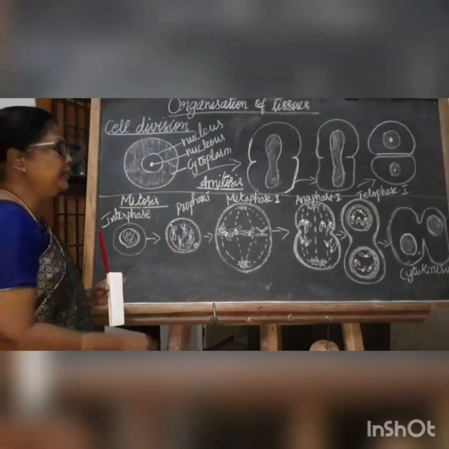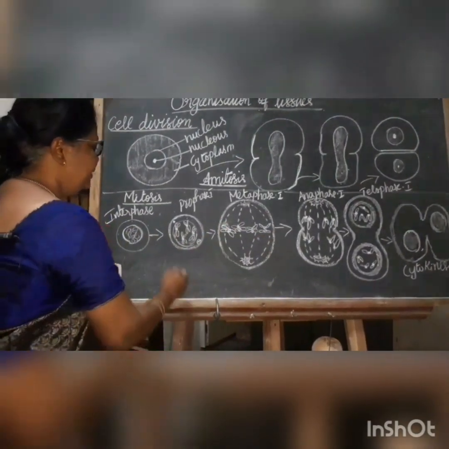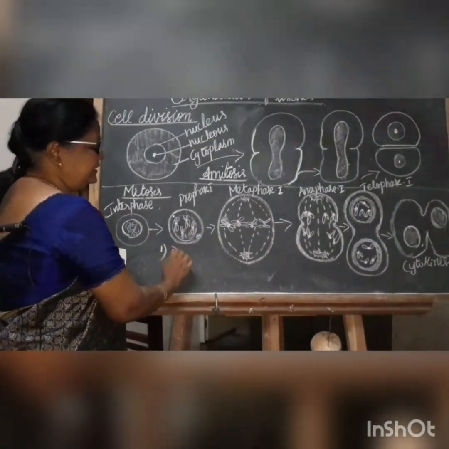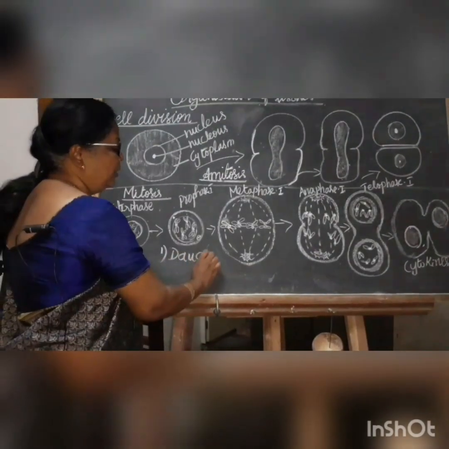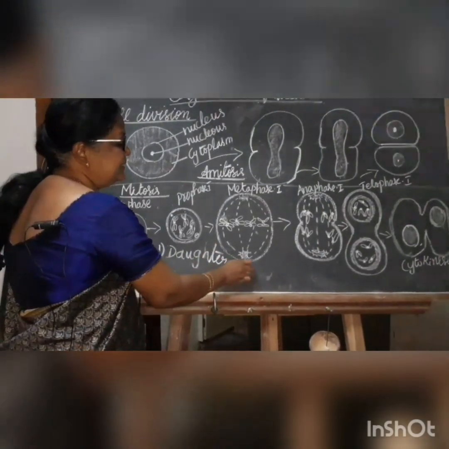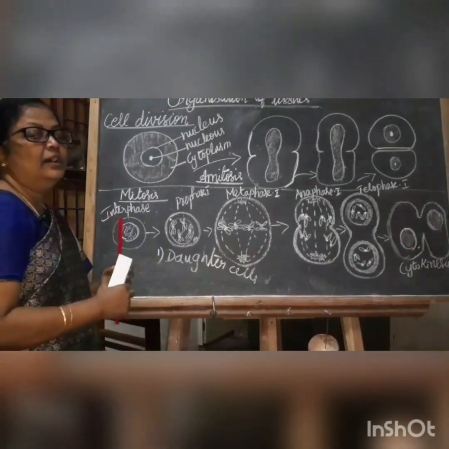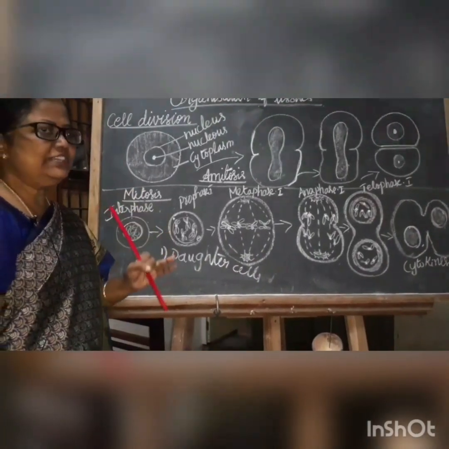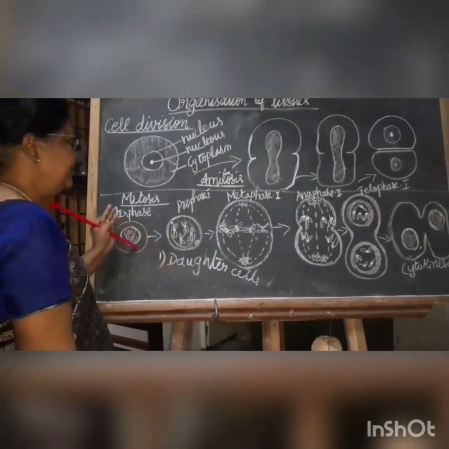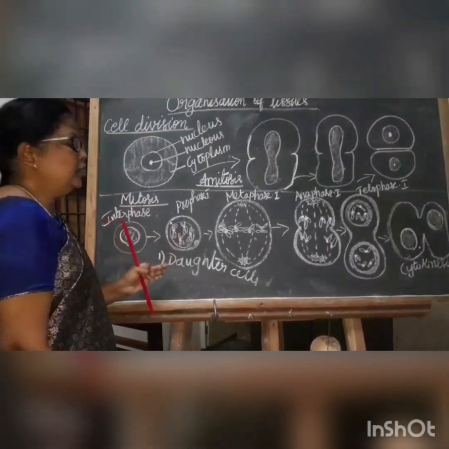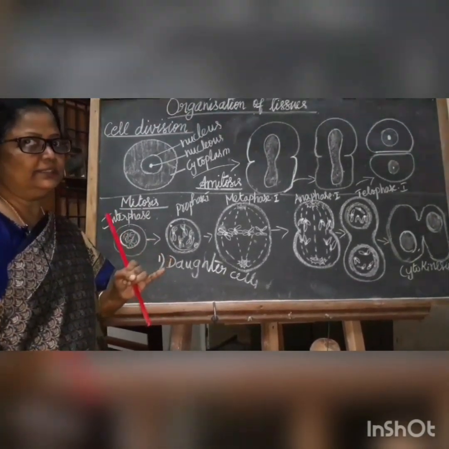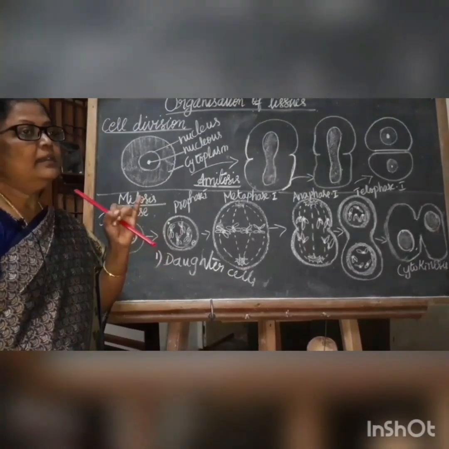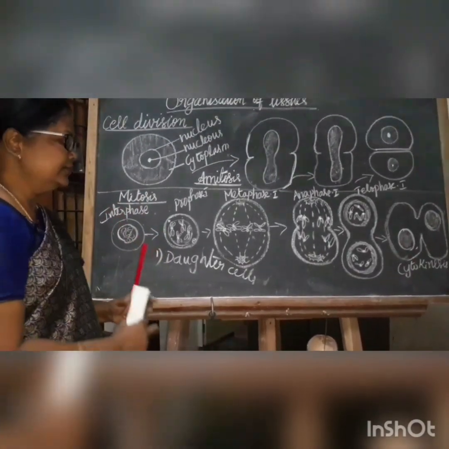The next one is the importance of mitosis. In the first point, the daughter cells will receive the same amount of DNA, genetic material and chromosomes.